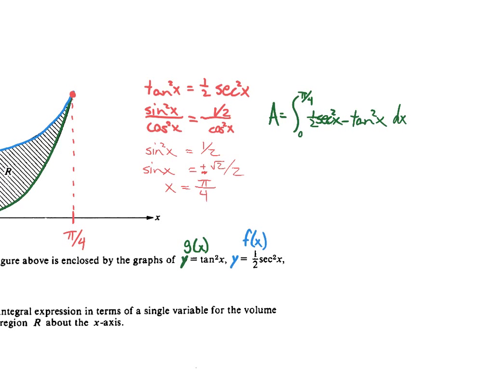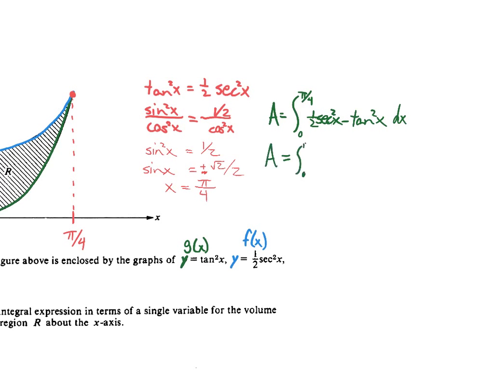I could use a cotangent. Even easier way: think about the Pythagorean identity. What does tangent squared equal? 1 plus... secant squared minus 1. There we go. All right, so we're a little rusty on that.